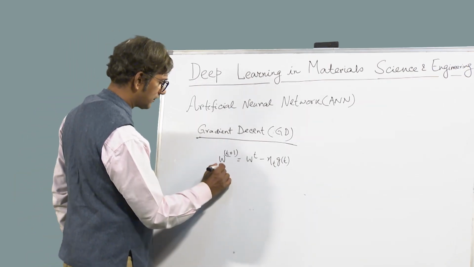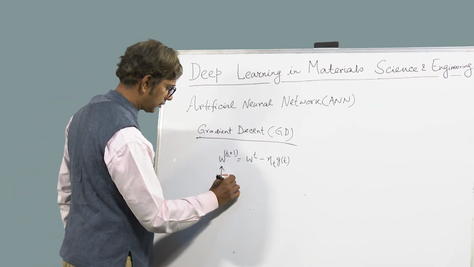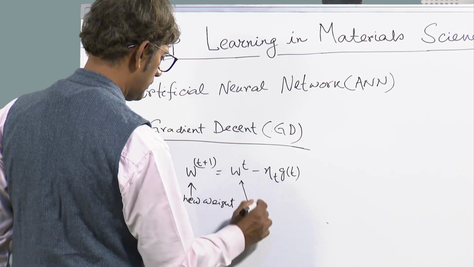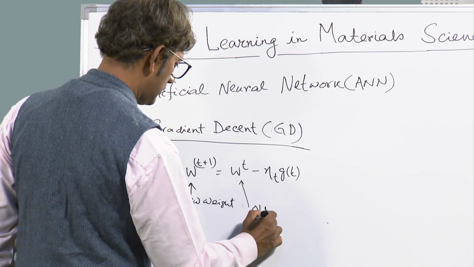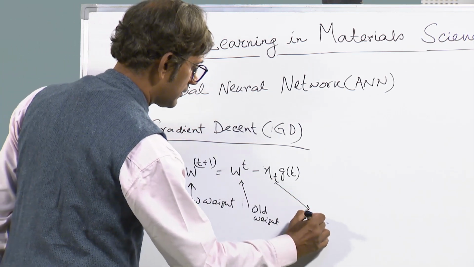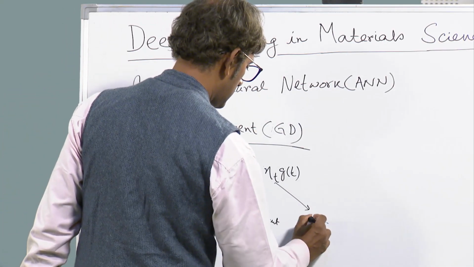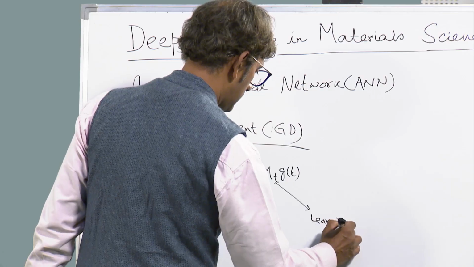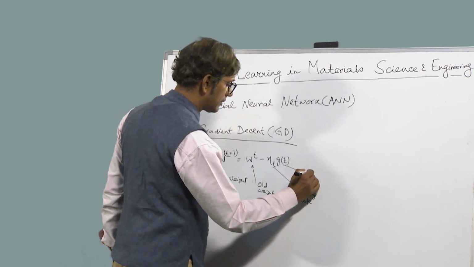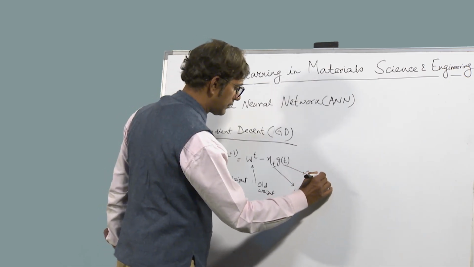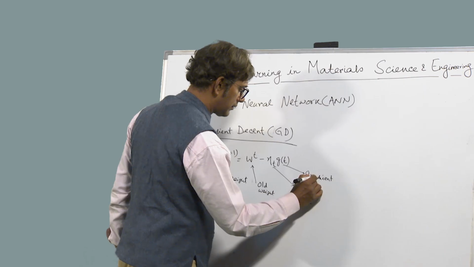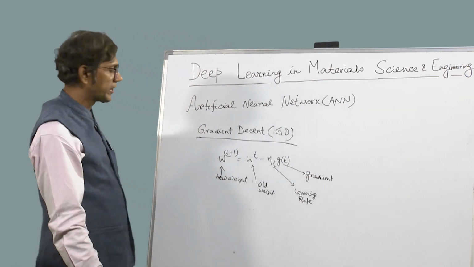So, this is the new weight, this is your old weight, this is your learning rate or step size, and this is your gradient. So, that is how we can optimize the weights.